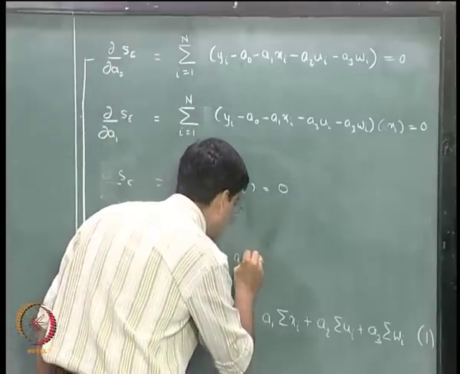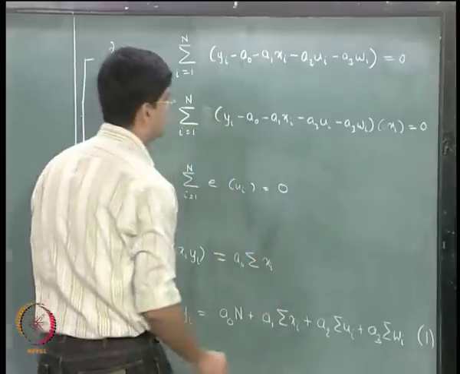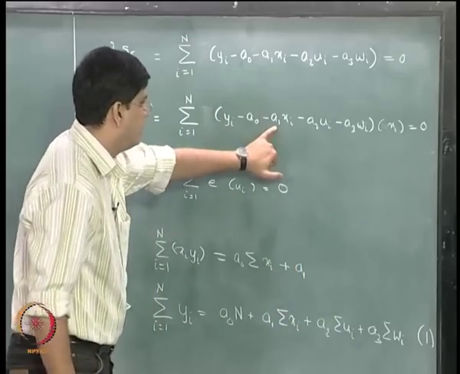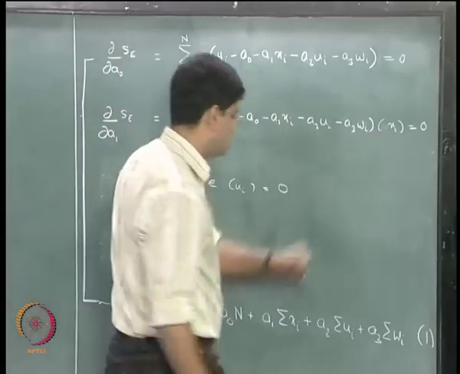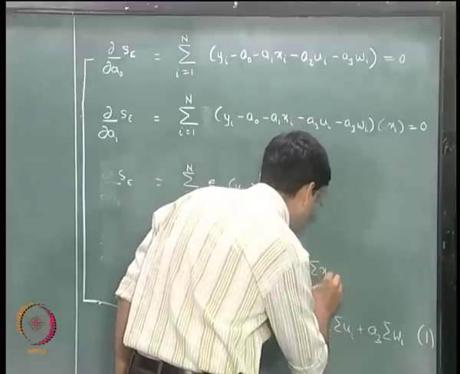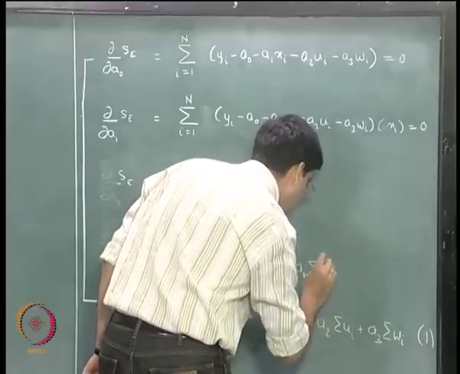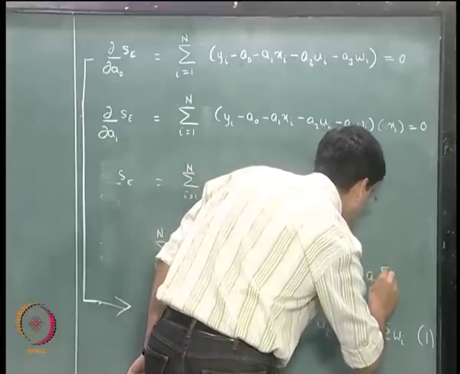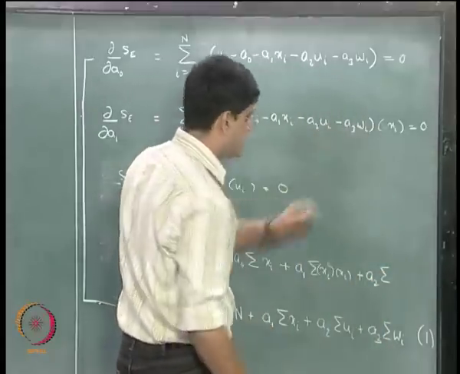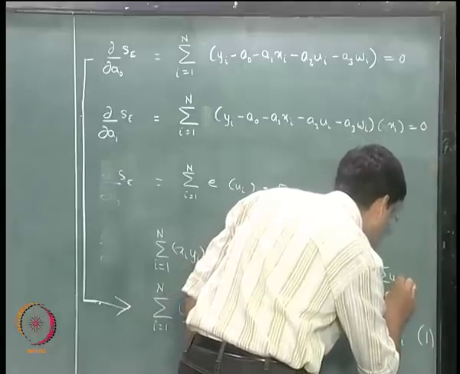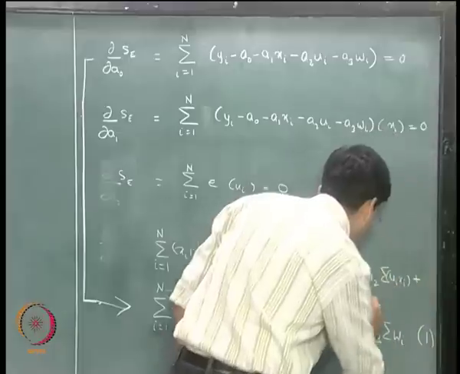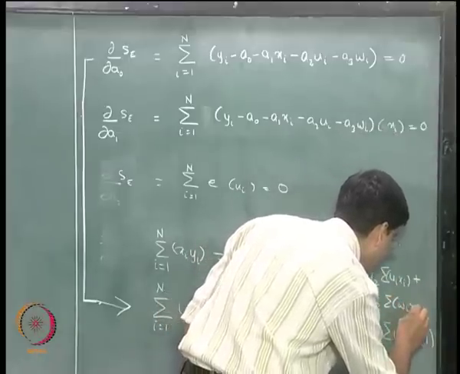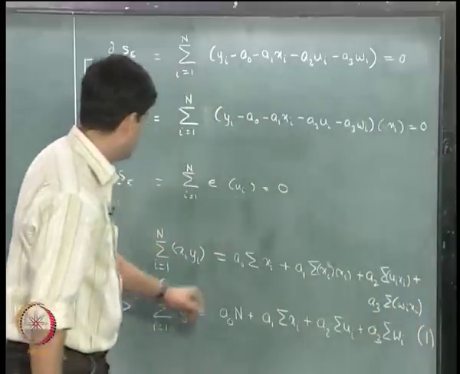So it is a0 summation xi plus a1 multiplied by summation xi squared, plus a2 times summation ui xi, plus a3 times summation wi xi. That is our second equation.